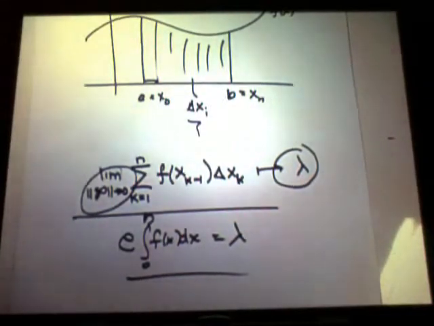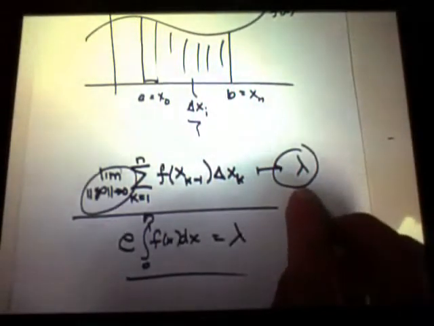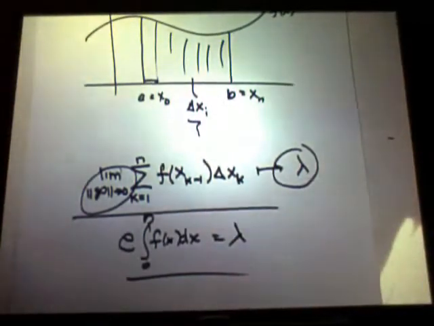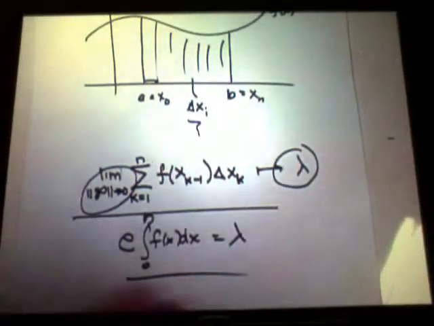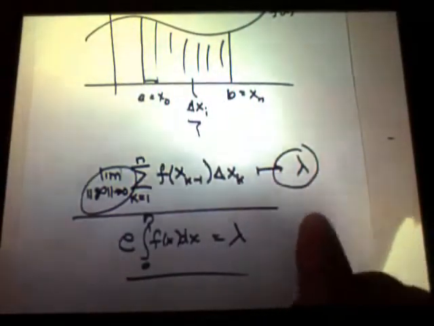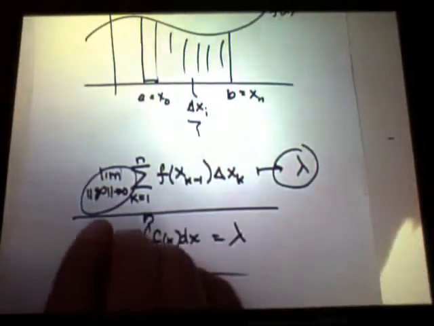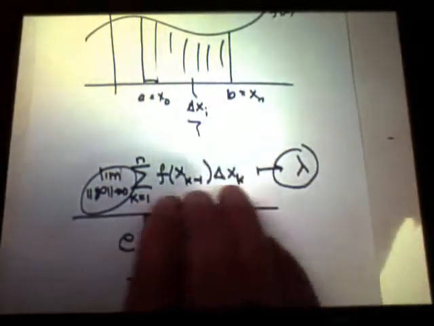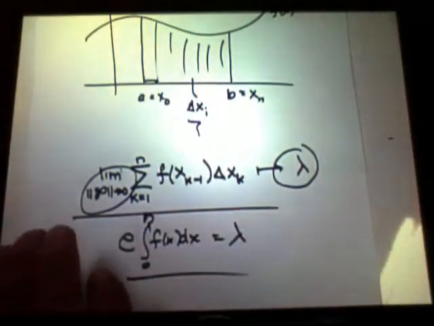So we can have two totally different partitions. As long as the norm of each of them approaches 0, we should be coming up with the same limit. So we don't have a lot to work with here. We don't have the limit, and we don't know the dependency of this process on the particular partitions.